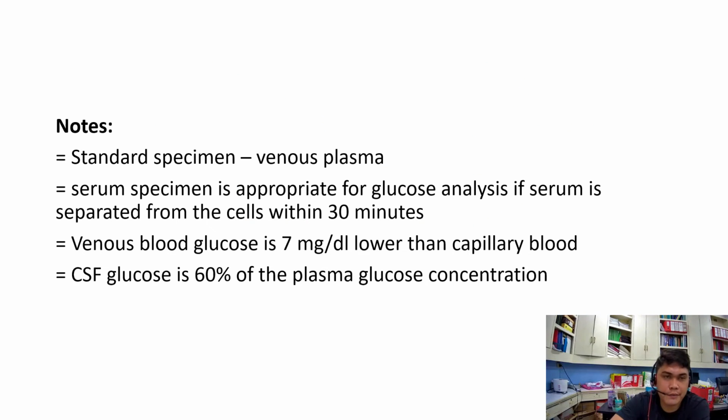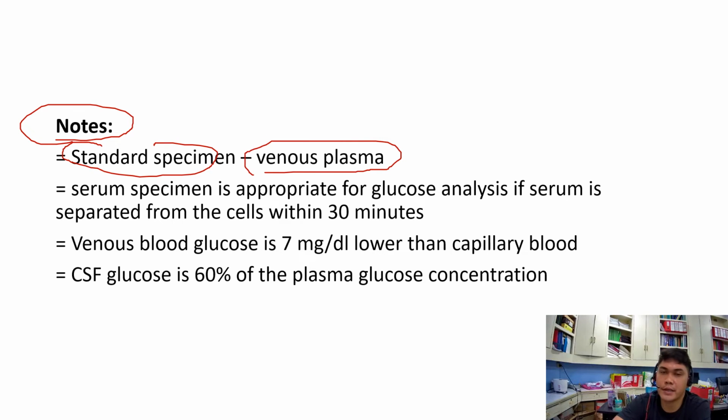Next, you have notes. The standard specimen for glucose measurement is venous plasma. Okay. And serum specimen is appropriate for glucose analysis if serum is separated from the cells within 30 minutes after collection.